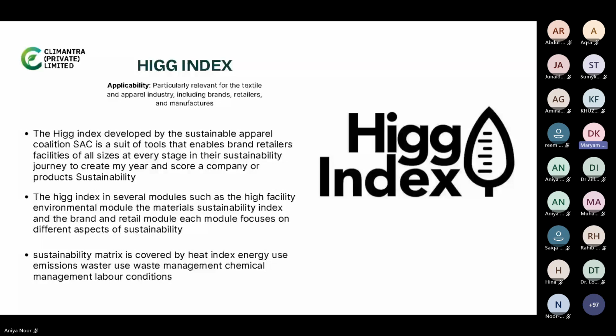It's a set of tools that enables brands and retailers to calculate the sustainability score of their company or products. The Higg Index has several modules, such as the Higg Facility Environmental Module, the Material Sustainability Index, and the Brand and Retail modules. It's a sustainability metric.